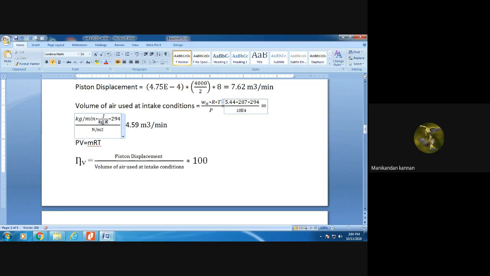Normally, we will be using kilojoule. What about this 294 Kelvin? Kelvin, temperature. Now carefully see this Kelvin and this Kelvin will be getting cancelled. Understood? Carefully. Kelvin cancelled, kg cancelled, and this kilogram also cancelled.